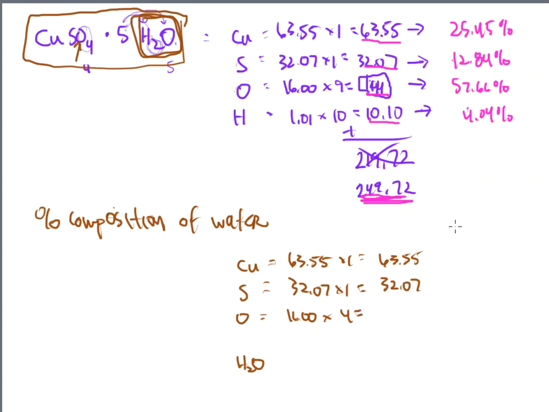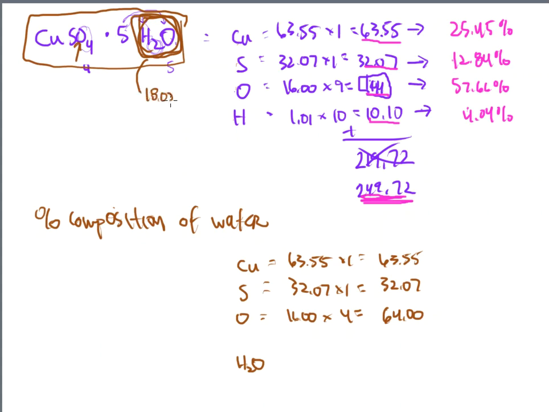So 16 times 4, and then we make it to water. Now, water, that's what the question's after. What's the percent composition of water? All right, well, if we look at water, we do a formula weight for water that's 16 plus 2.02.